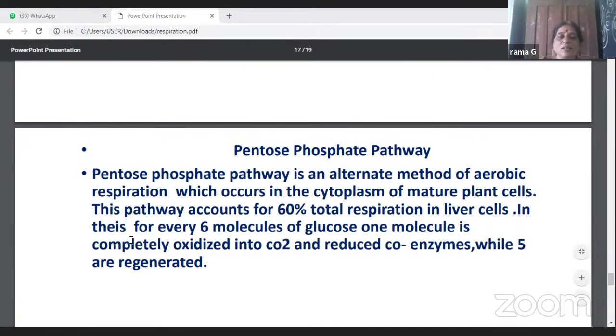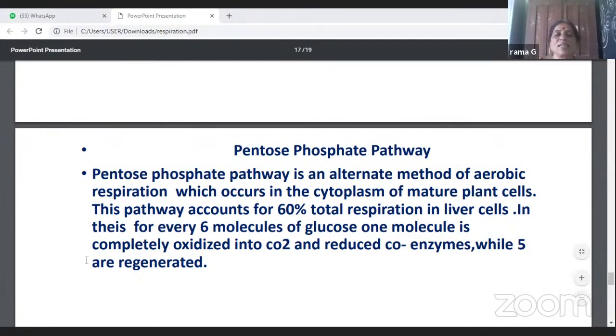In this, for every 6 molecules of glucose, 1 molecule is completely oxidized into carbon dioxide and reduced coenzymes, while the 5 remaining carbon molecules are utilized for the regeneration of oxaloacetic acid.